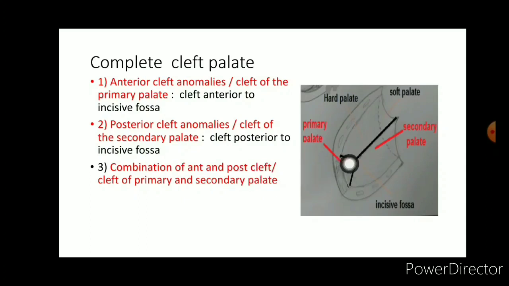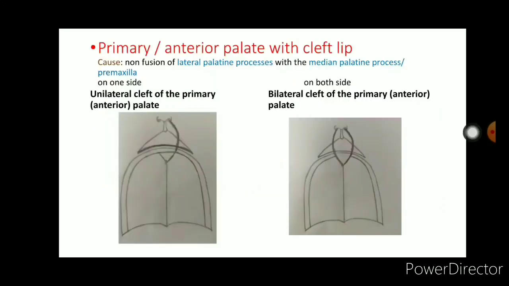Combination of anterior and posterior cleft, also known as cleft of the primary and secondary palate. Now, primary or anterior palate with cleft lip. The cause of this is non-fusion of the lateral palatine process with the median palatine process on one side.